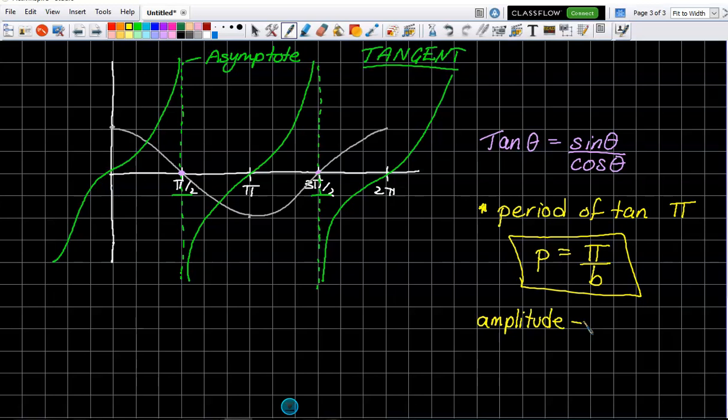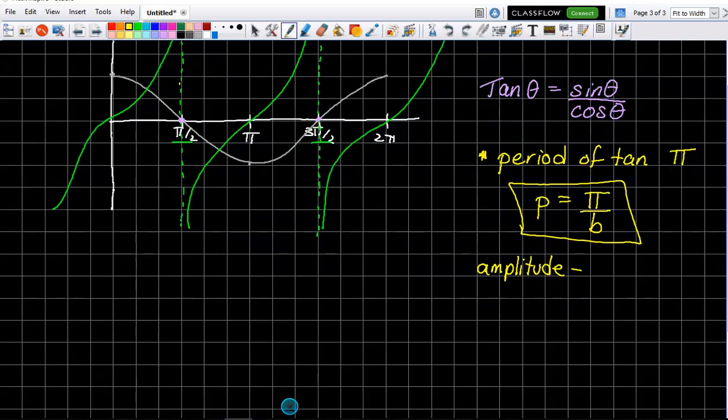It just keeps on going forever and ever. When we're looking at our asymptotes, we're talking undefined, doesn't exist. When we're talking about the amplitude, we could say it's infinite, really. It's undefined because it can just keep on going and going.